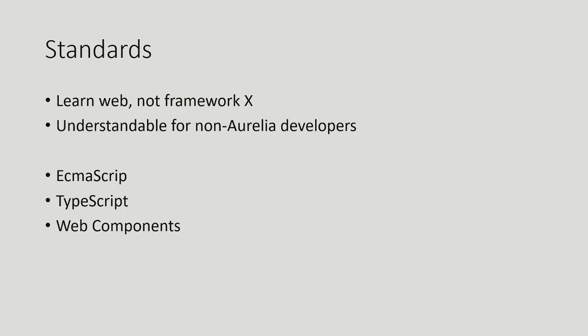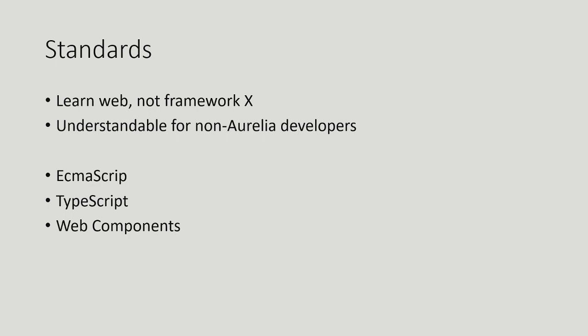Web Component Standard is, like I mentioned, one thing that Aurelia uses a lot. Templates, all the components use the standard template syntax, and custom elements are supported by Aurelia, and they follow the standard conventions. And you can also use Shadow DOM, part of the Web Component Standard, to display content within your components.